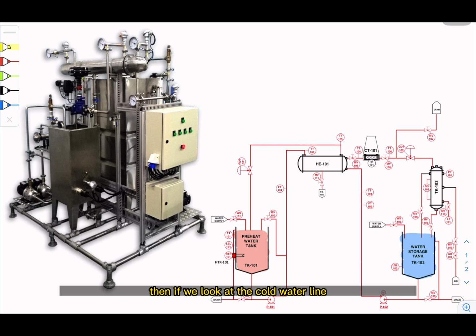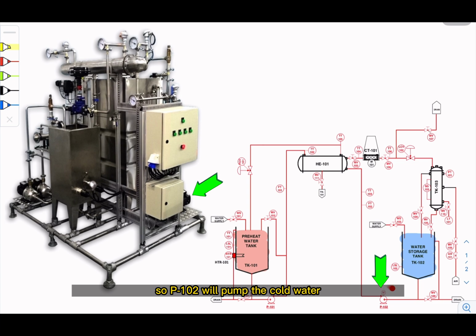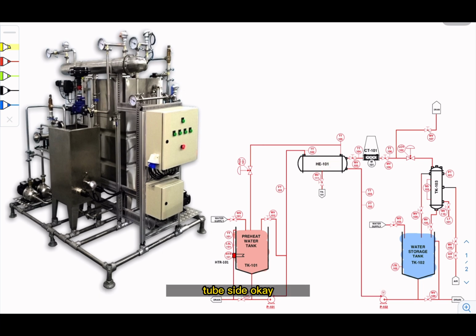Then if we look at the cool water line, from TK102, the cool water is pumped by P102. This is basically our raw product, cool water. And then we have the flow transmitter and the temperature transmitter that lead into the heat exchanger tube side.